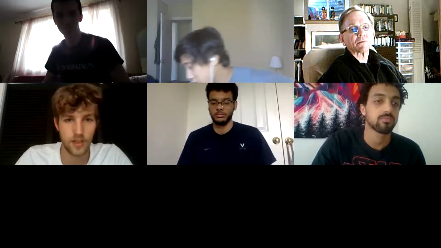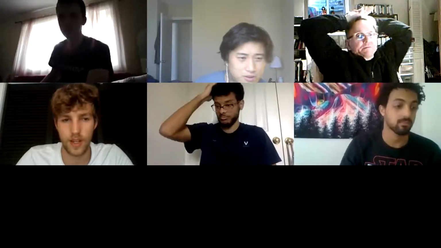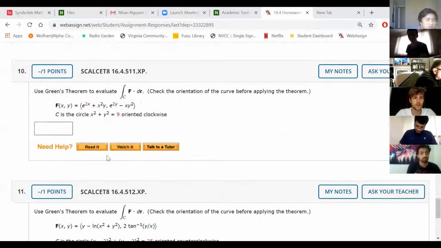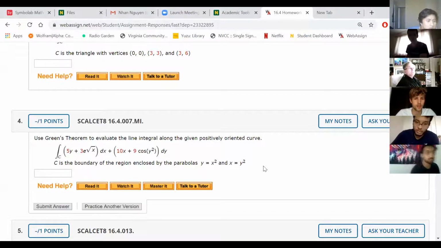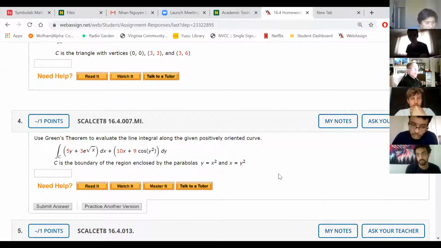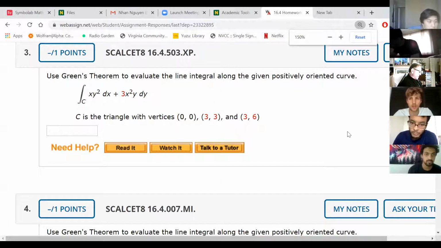It says I can share it if you want me to. Yeah, okay, cool. Share it and let's at least everyone write the problem down, and then we can start. This one's from WebAssign. So we've got this complicated curve here.